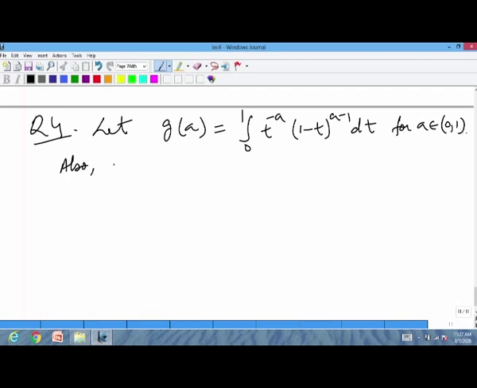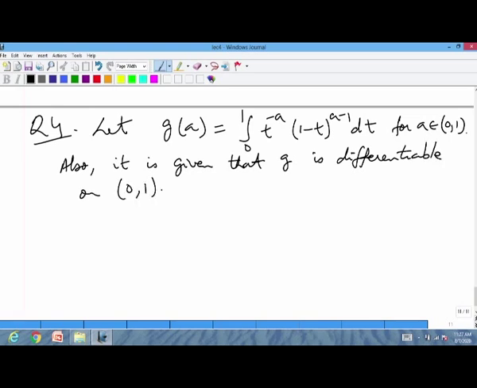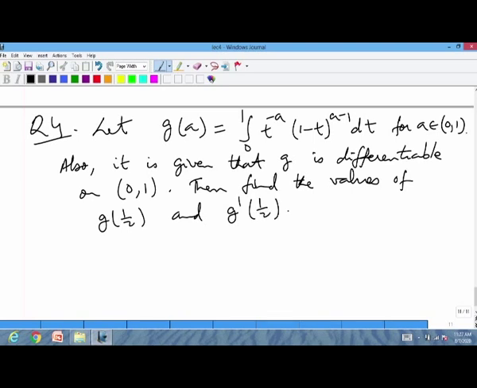Also, it is given that g is differentiable on the open interval 0 1, then find the values of g at half and the derivative g prime at half.